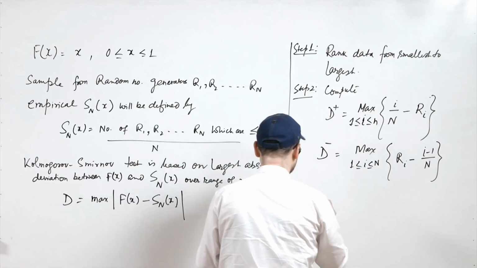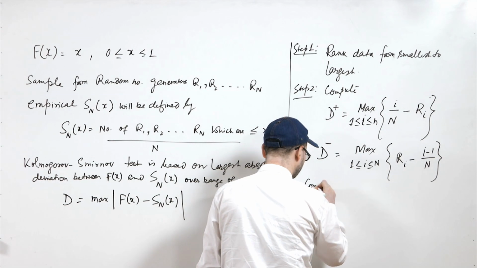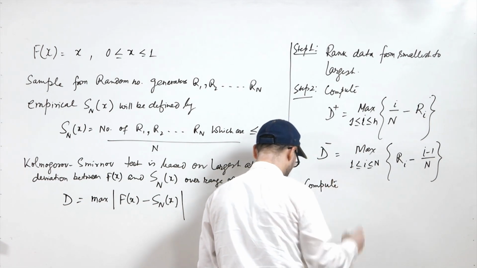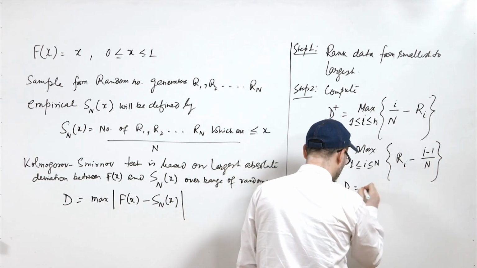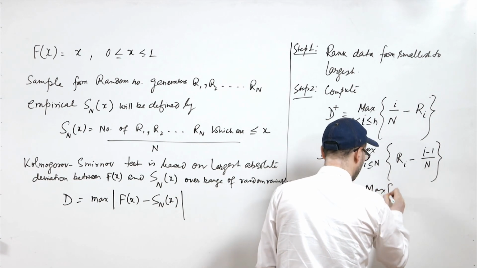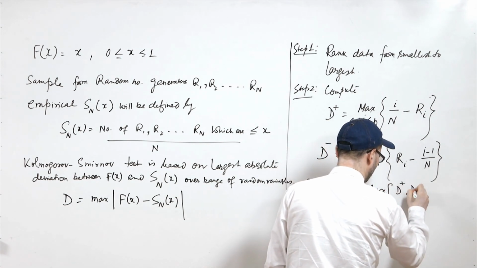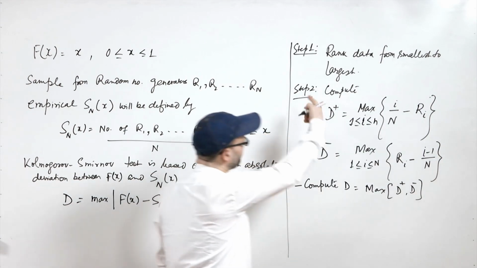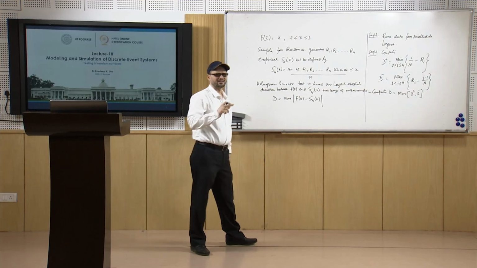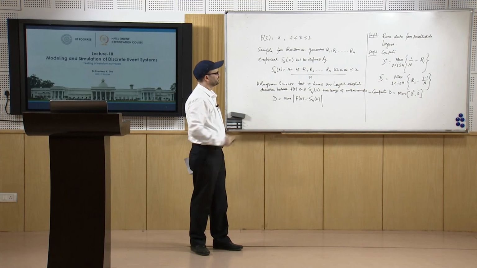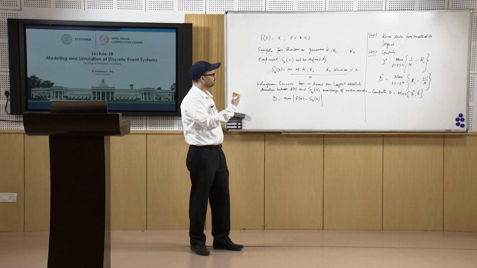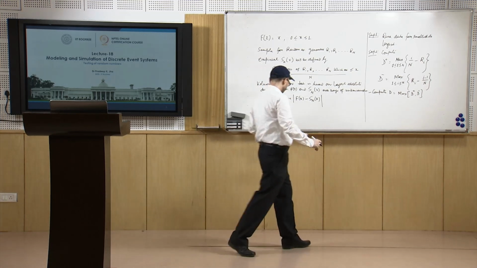Then next you are computing d equal to the maximum of d plus and d minus. So, once you compute d plus and d minus, you are going to have the value of d, the maximum of these two.